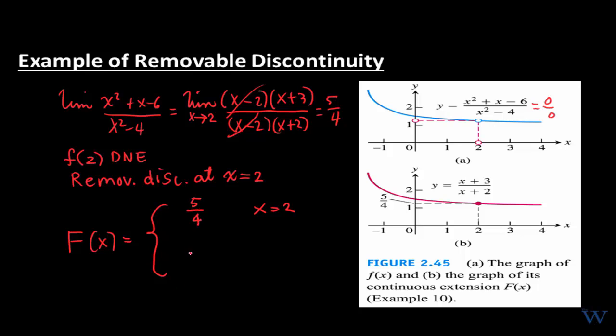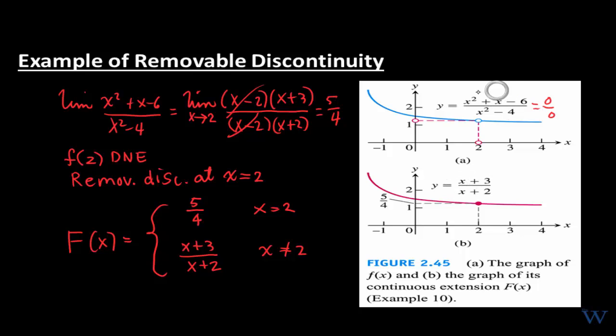And as long as we keep the same function, x squared plus x minus 6 over x squared minus 4, that's really just equal to x plus 3 over x plus 2. Remember, as long as x is not equal to 2, these two functions are equal to each other.